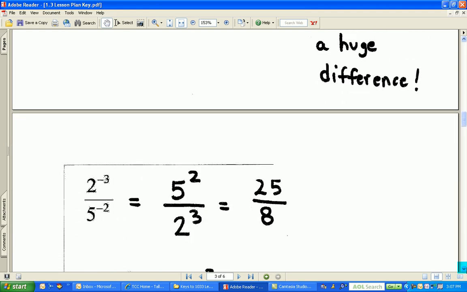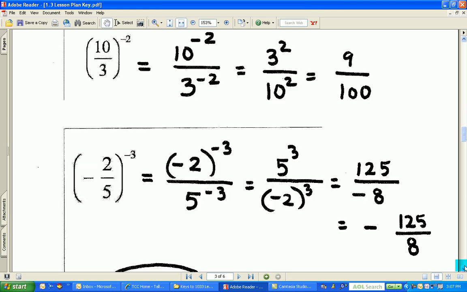This example, let's follow the rules again. 2 to the negative 3 moves to the bottom as 2 to the third. 5 to the negative second goes up to the top as 5 squared. When you actually carry it out, 5 squared becomes 25, 2 to the third becomes 8. And we're in great shape now.